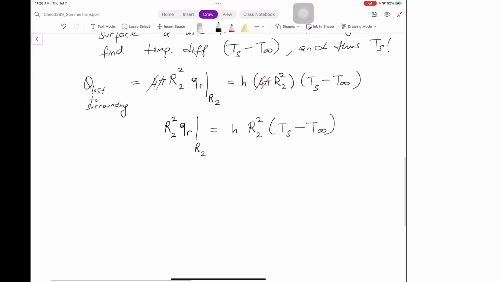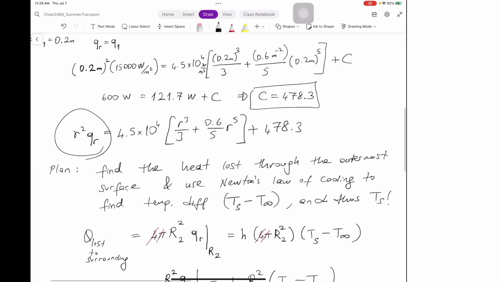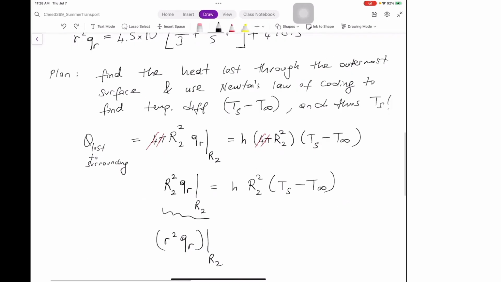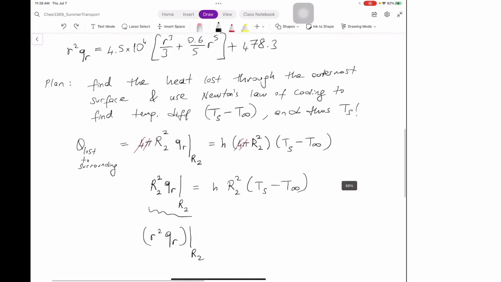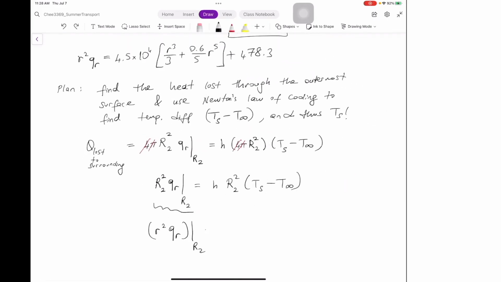And this left-hand side is nothing but the R squared QR estimated at R2, right? So you know it actually from here, if you realize. So I can calculate it at R2. It's equal to H times R2 squared Ts minus T infinity.